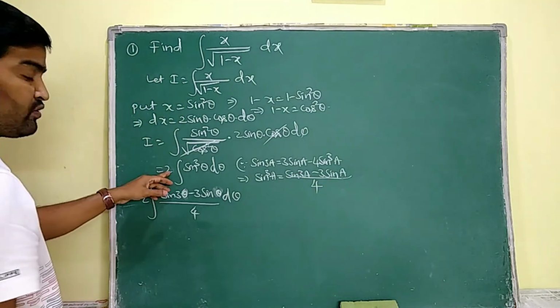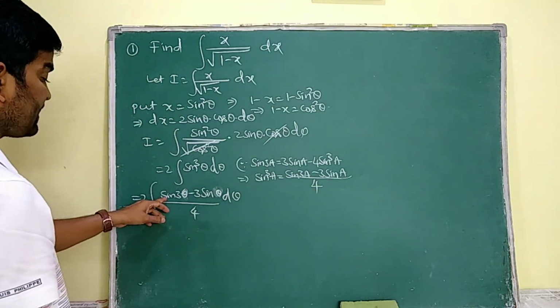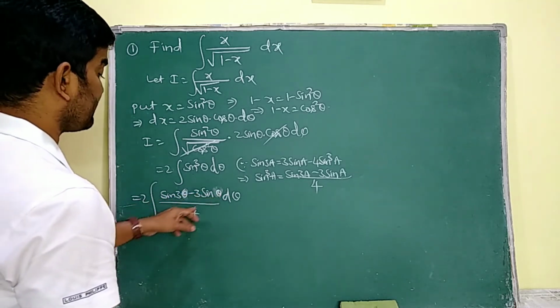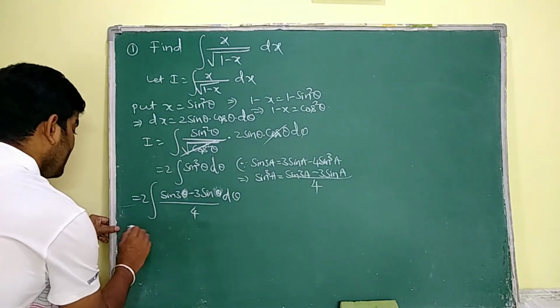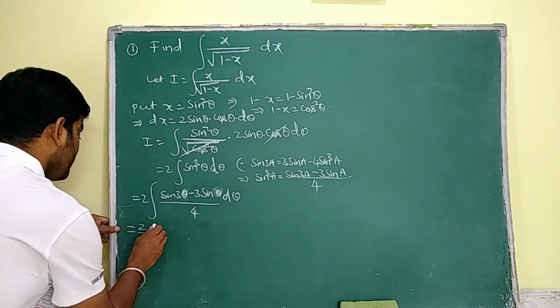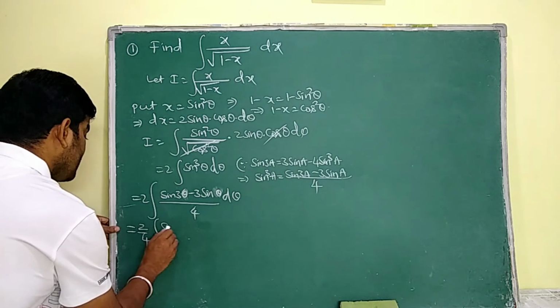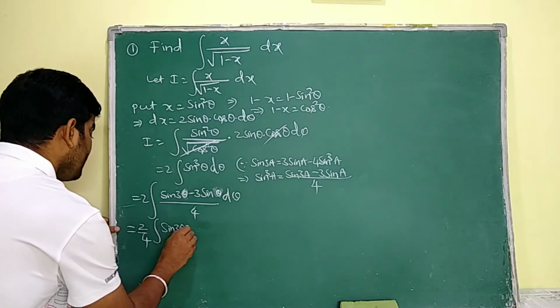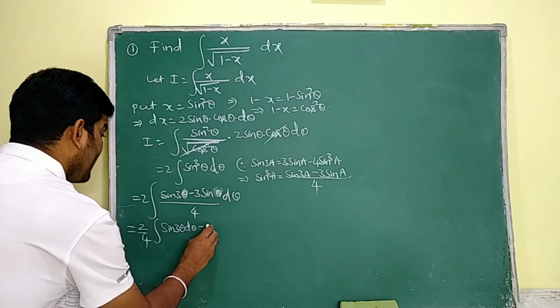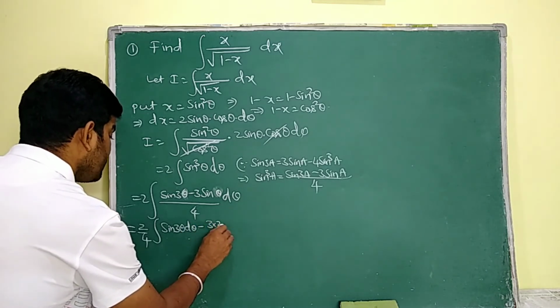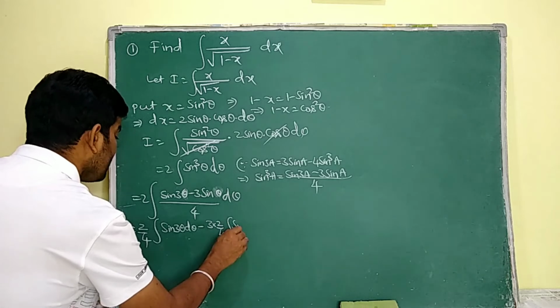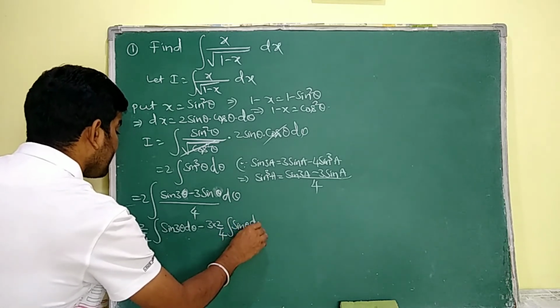So I write sine cube theta as (sine 3 theta minus 3 sine theta) by 4 d theta. Take the 4 outside, and we get the integral of sine 3 theta d theta minus 3 into 2 by 4 into the integral of sine theta d theta.